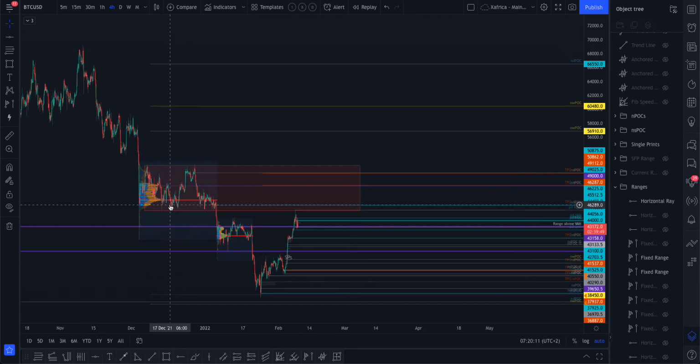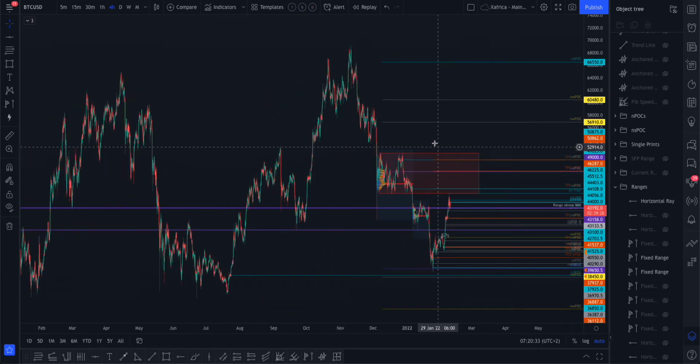We might have bigger resistance here than the actual point of control. And then the value area high, you can see we once again have a TPO naked point of control and a naked daily point of control. Struggling with the words this morning. Right, so that's the zoomed out view for us there.